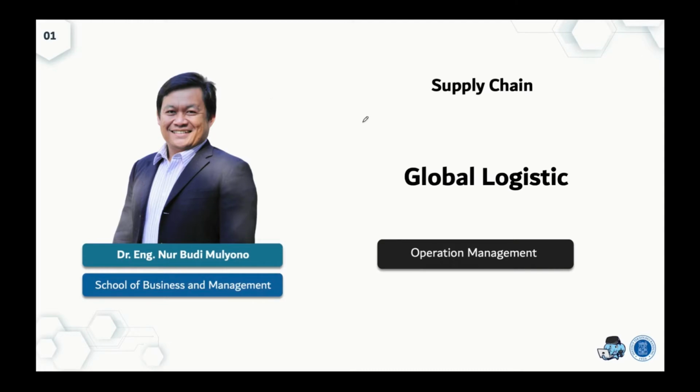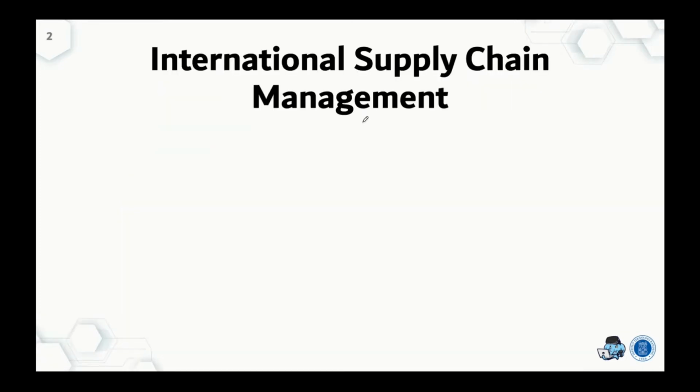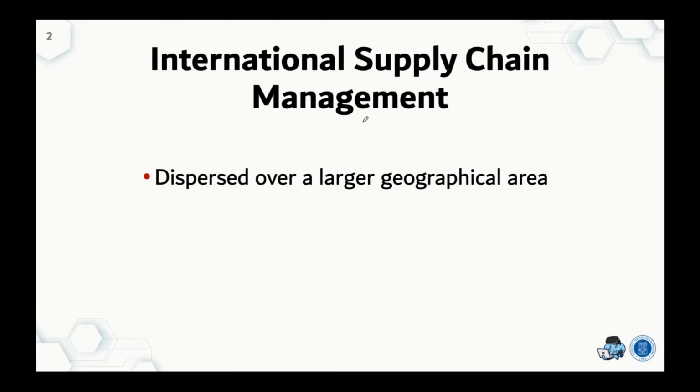Let's talk about how a company creates logistics globally, across continents and across countries. In international supply chain management, the supply chain is dispersed over a larger geographical area, not inside one country but across countries.